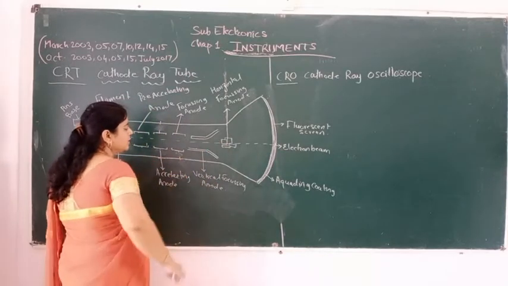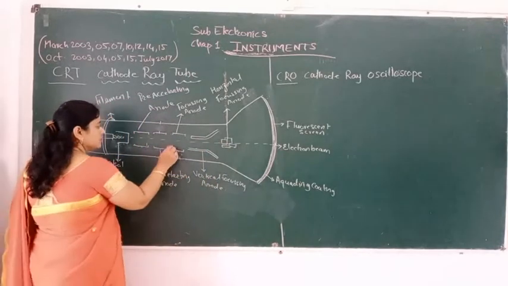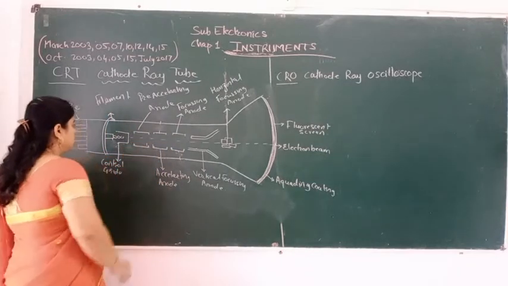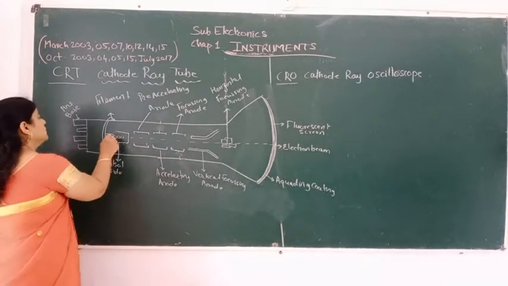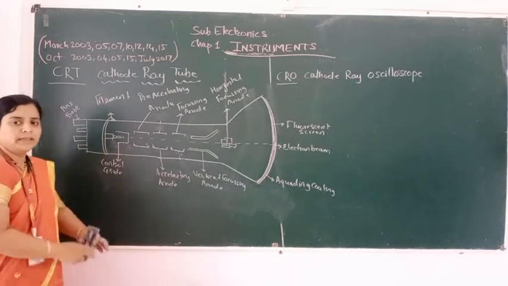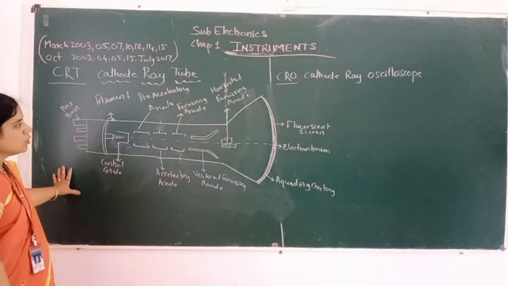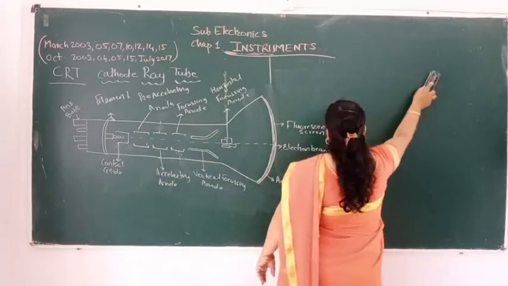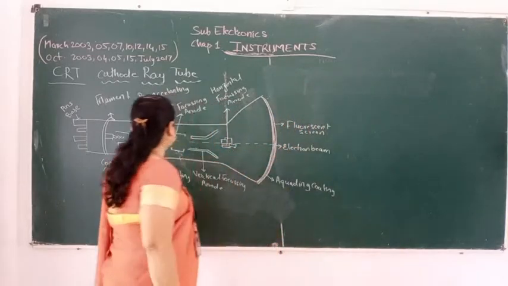This is the vertical focusing anode. So this is the filament, and in the filament a heater is there. How it works, where it is used, how many parts are there, we'll see now.